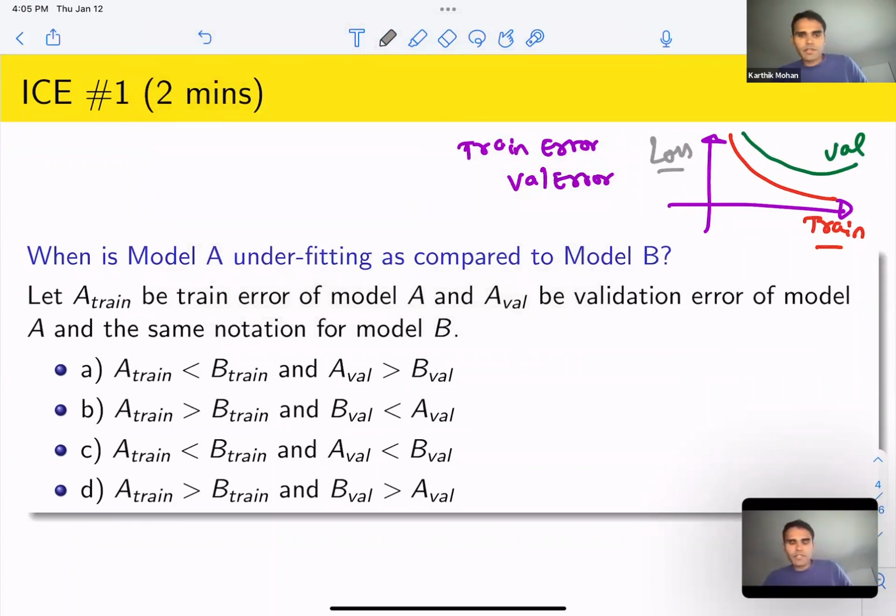Keeping this figure in mind, take a look at this question where you've trained two different models, A and B, and associated with both models, you have these two curves.